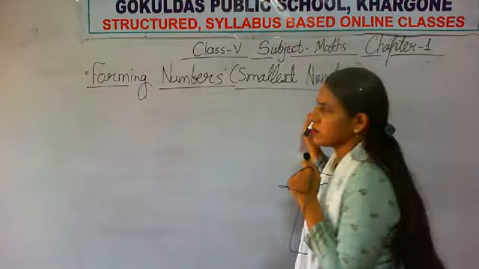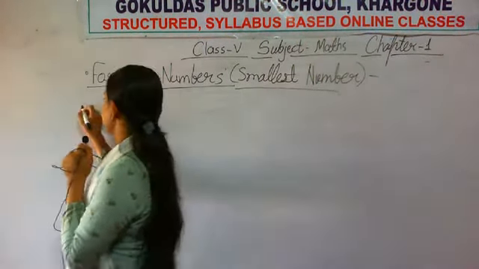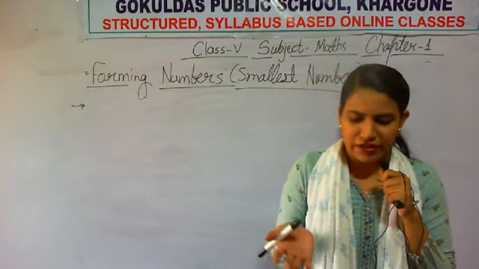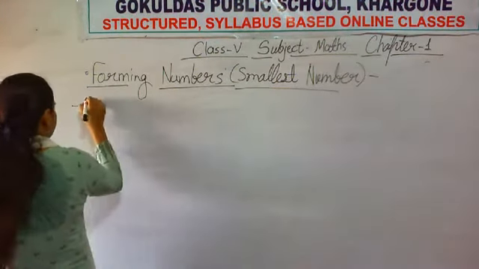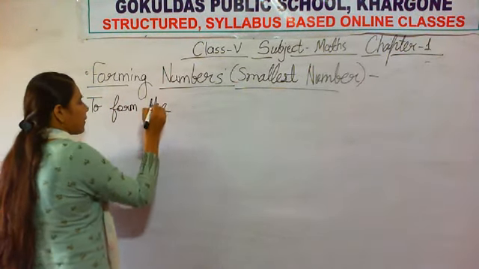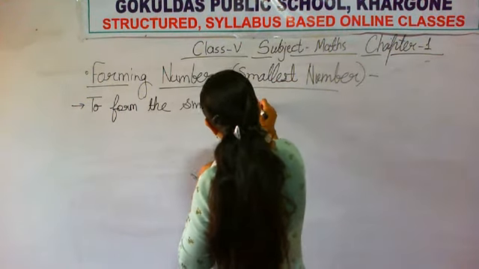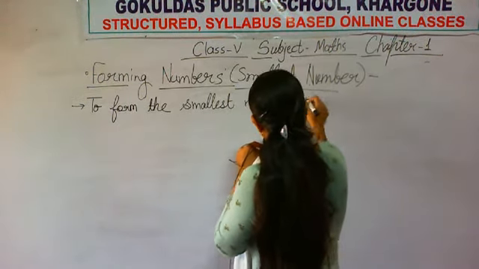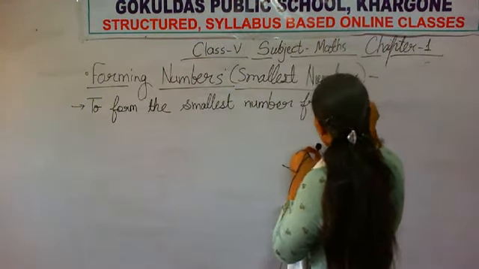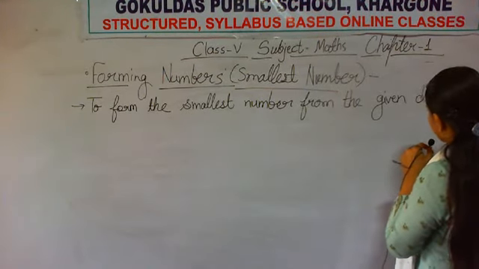Formation of a smallest number. So what is this step? To form the smallest number from the given digits, arrange the digits in ascending order. To form the smallest number from the given digits, what do you have to do?